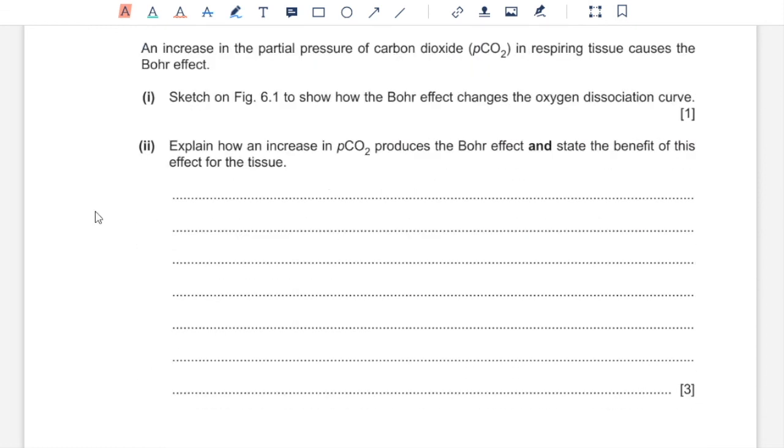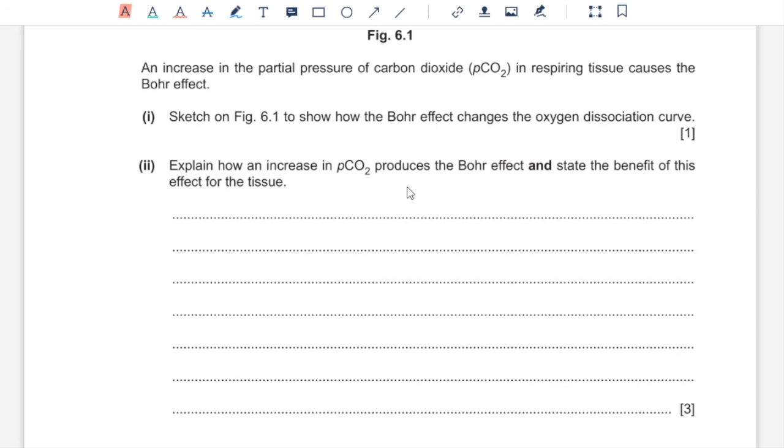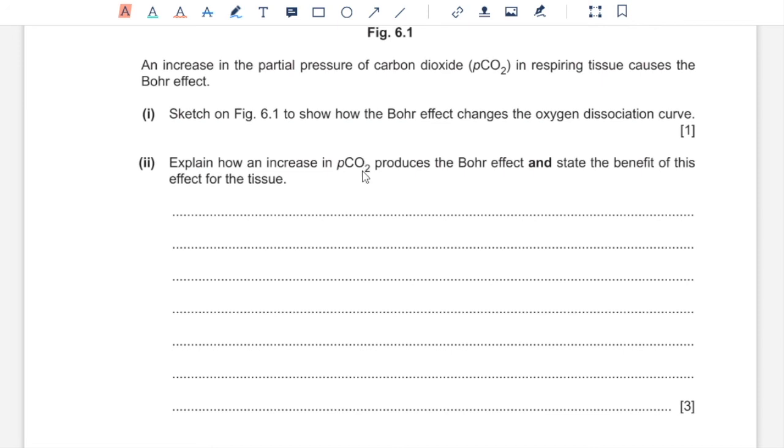Explain how an increase in partial pressure of carbon dioxide produces the Bohr effect and state the benefit of this effect for the tissue. So you're supposed to explain why an increase in carbon dioxide causes a decrease in affinity for oxygen of hemoglobin. The partial pressure of carbon dioxide is highest in respiring tissues, so carbon dioxide moves out of the cells and into the capillaries that are carrying red blood cells, and in the cytoplasm of red blood cells it reacts with water to form carbonic acid, which then dissociates to form hydrogen ions.